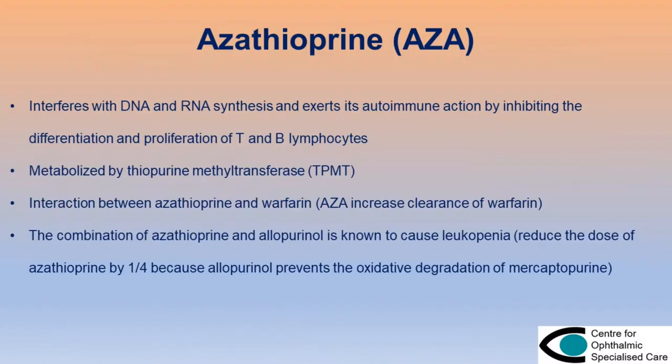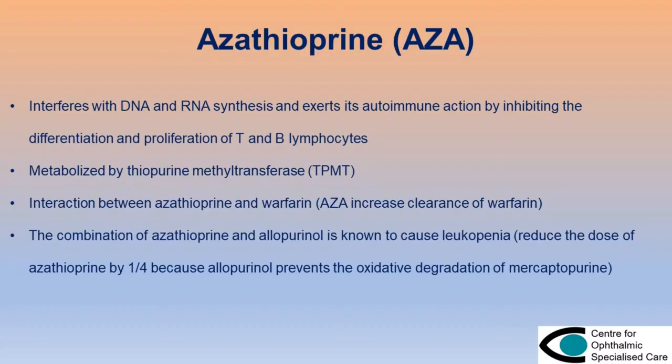Another drug that is also used for immunosuppression is azathioprine, which interferes with the DNA and RNA synthesis and exerts its immunosuppressive action by inhibiting the differentiation and proliferation of T and B lymphocytes. Azathioprine is metabolized by thiopurine methyltransferase, the TPMT enzyme.